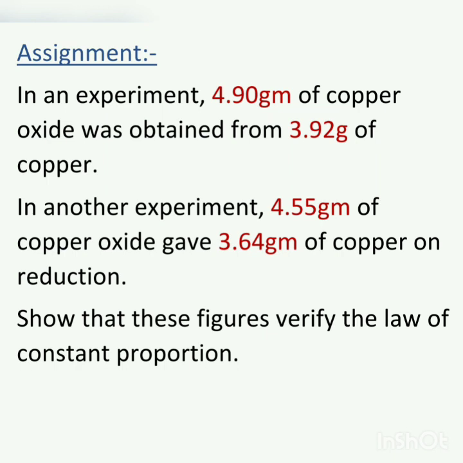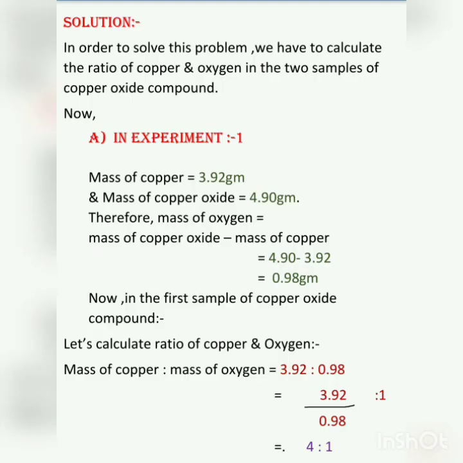Like in first experiment, the mass of copper is given 3.92 grams and the total mass of copper oxide is given 4.90 grams. And in experiment number 2, the mass of copper oxide is given 4.55 grams and the mass of copper is provided 3.64 grams. Again, we have to show that the ratio of copper to oxygen would be same.